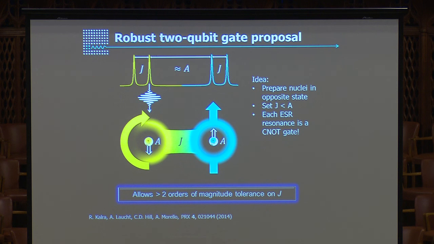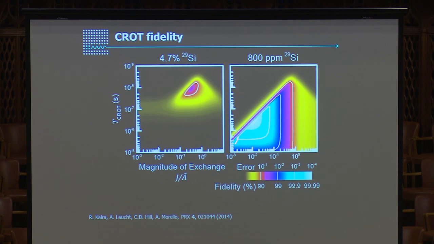Now, with what fidelity can you do a pi pulse on one of these lines? Well, it depends on how close they are and how broad the lines are. Well, the lines are a kilohertz wide. And the distance, the A, is 100 megahertz. You got 5 orders of magnitude to play with, okay? So you can do some simple calculations and find out, depending how hard you drive the pulse and so on, what is the optimum fidelity you can get.